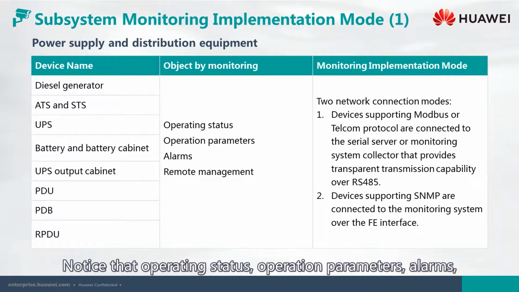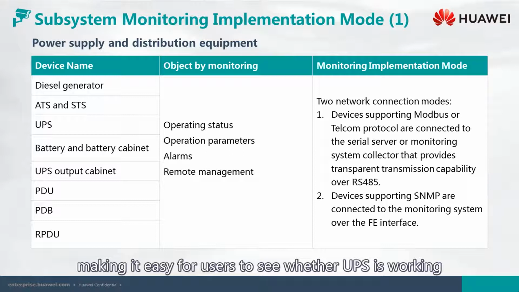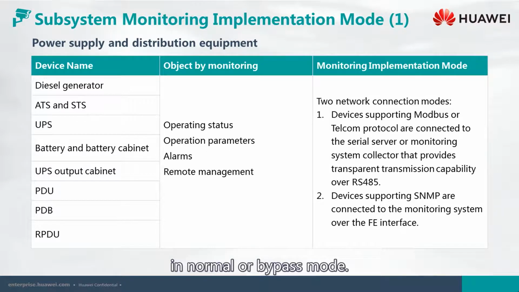Notice that operating status, operation parameters, alarms, and remote management can all be monitored by the monitoring system. For example, the monitoring system can display the UPS running status, making it easy for users to see whether UPS is working in normal or bypass mode. Moreover, users can see parameters such as 3-phase voltage of UPS.